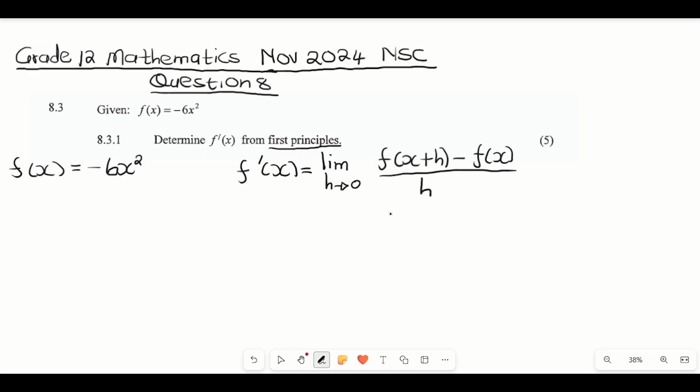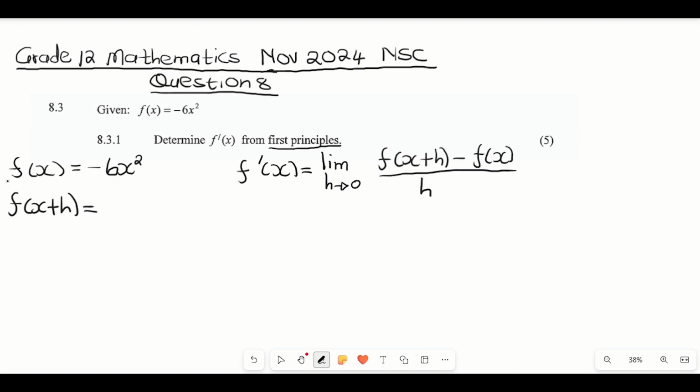So in order for us to use this formula, we need f of x plus h and f of x. Now we have f of x because they've given it to us, but we don't have f of x plus h. But we can work it out using f of x.